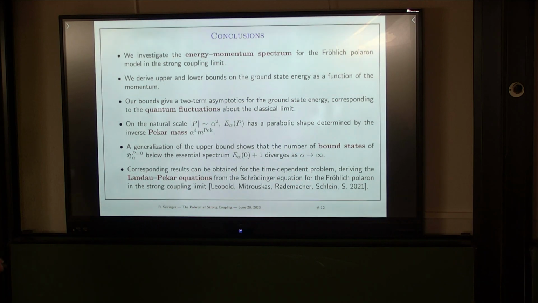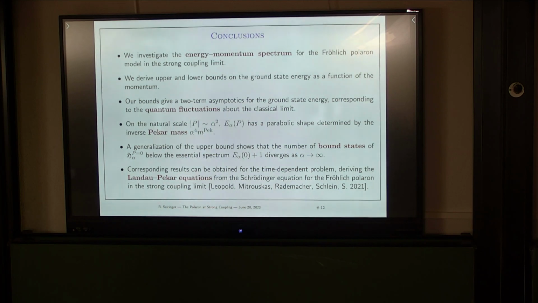And finally, one remark is that there is a corresponding time-dependent problem also. One can look at the time evolution generated by the Fröhlich Hamiltonian, and one can ask whether for suitable initial states one can derive as an effective model the corresponding time-dependent Landau-Pekar equations. If you take the classical functional I wrote down, you can think of this as a classical dynamical system, so there are effective Hamilton's equations for this system.